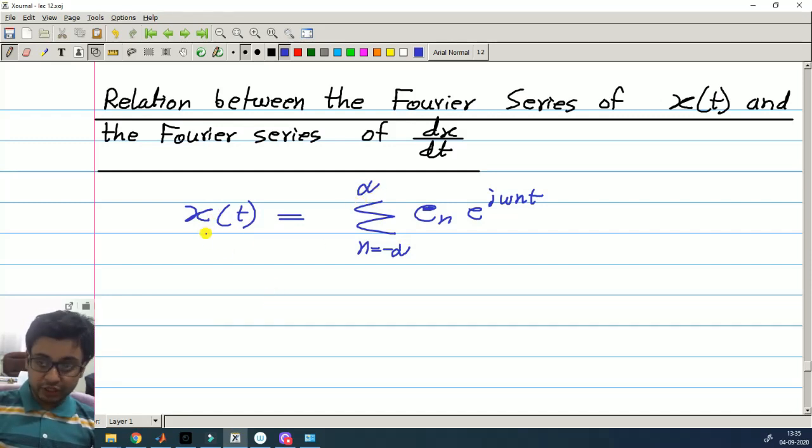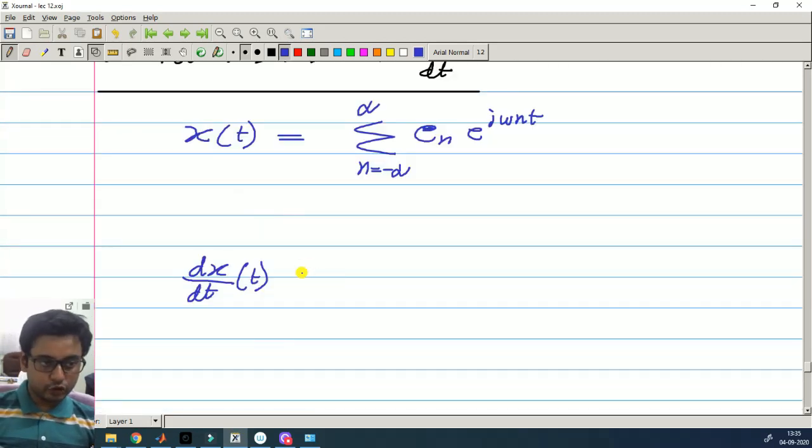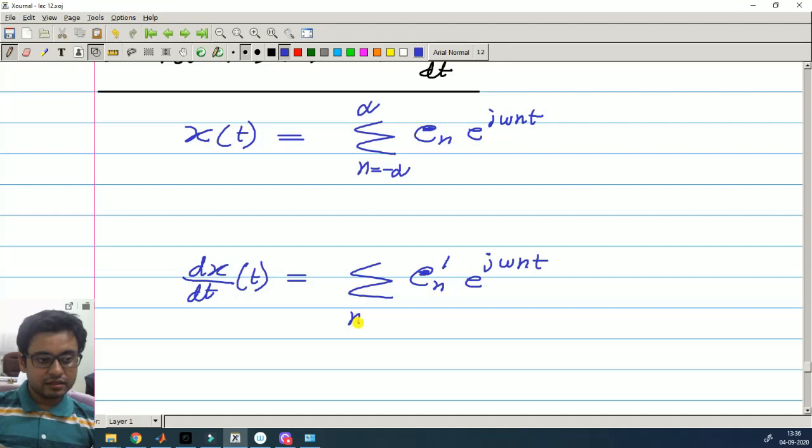If x is periodic, definitely then dx dt will also be periodic with the same time period, and therefore you can write it as a Fourier series. Suppose it is Cn prime e to the power j omega n t, n running from minus infinity to plus infinity. Now what is the relation between Cn and Cn prime?